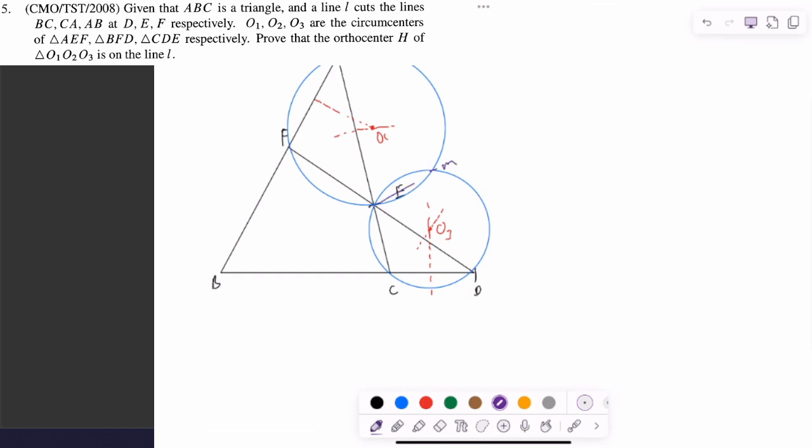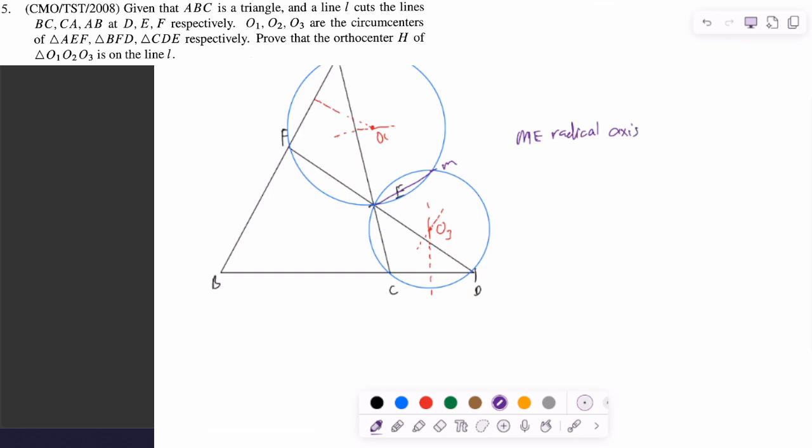So ME is this radical axis. Sorry, it's too late at night, bro.